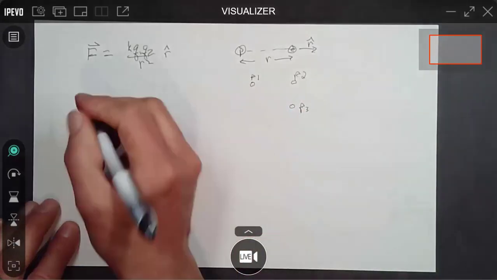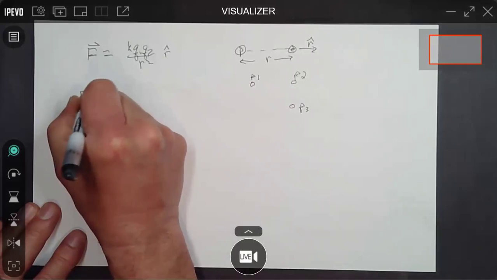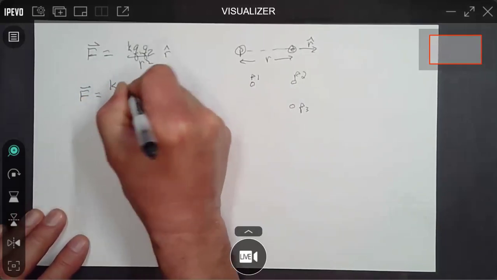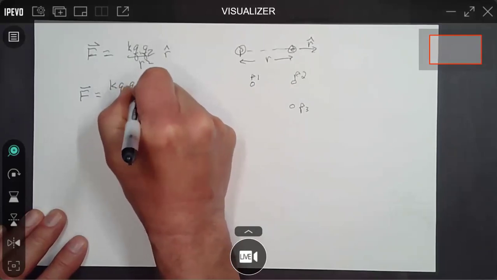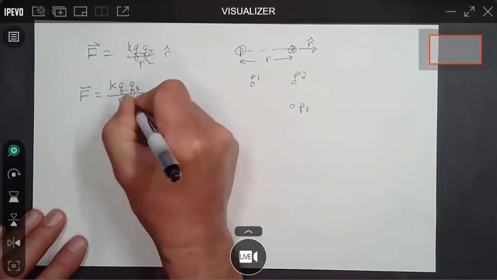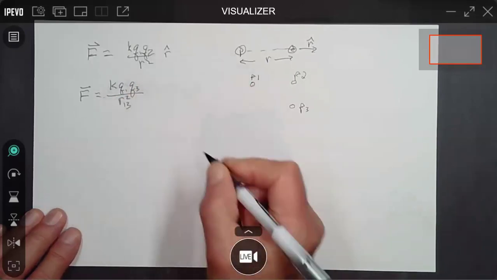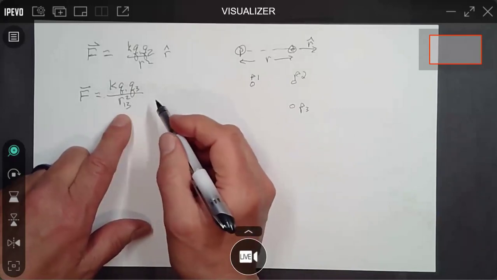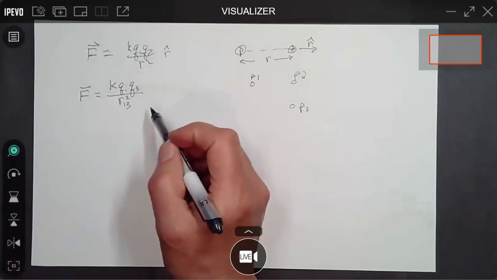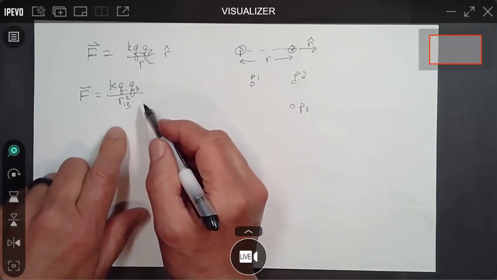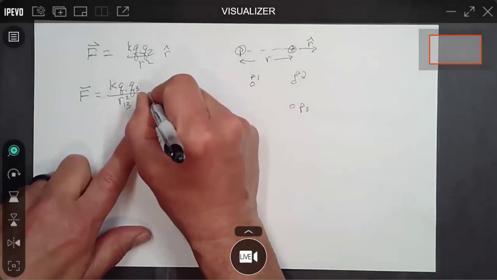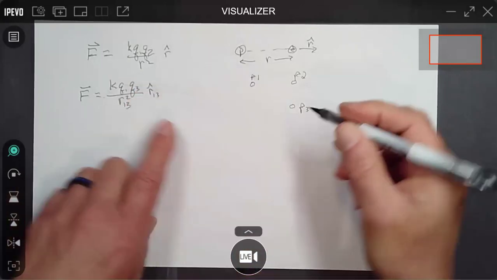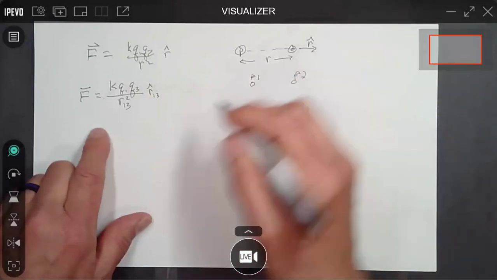In that case, the total force would have been k q1 q3 over r13 squared, and I may not have used that notation, but yes, I did use something like that, along a line r13 hat, a unit vector that points in this direction.